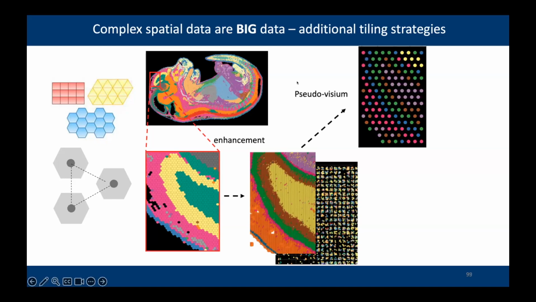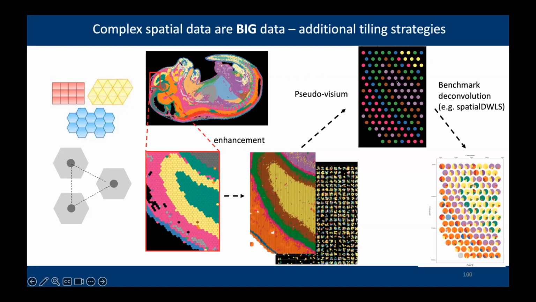You can also create a pseudovisium, as I showed you before, where you can use a different type of tiling strategy. It's not really tiling per se, but you can now make a pseudovisium from your original Stereo-seq data. You can assign that, and that gives you the opportunity to use that information for benchmarking, where you have a ground truth data set.